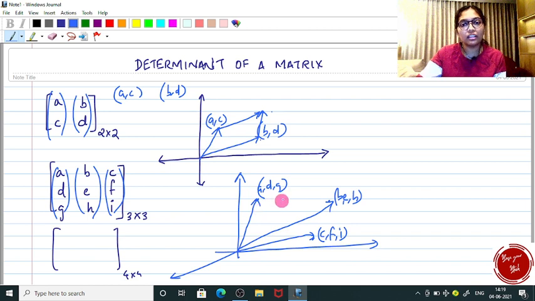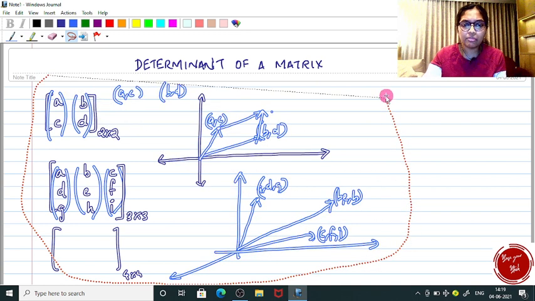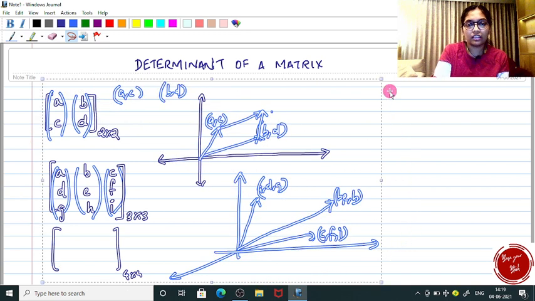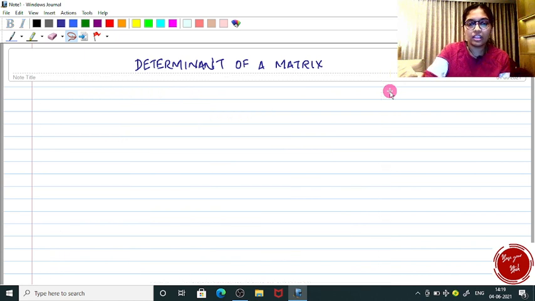Now if I produce a figure from these vectors, I will get a solid. Now the determinant of this 3 by 3 matrix represents the volume of that particular figure. Okay. So actually, taking the determinant of a matrix will be helpful for many such extended applications in this matrix topic. So let us see how this determinant value is found out.